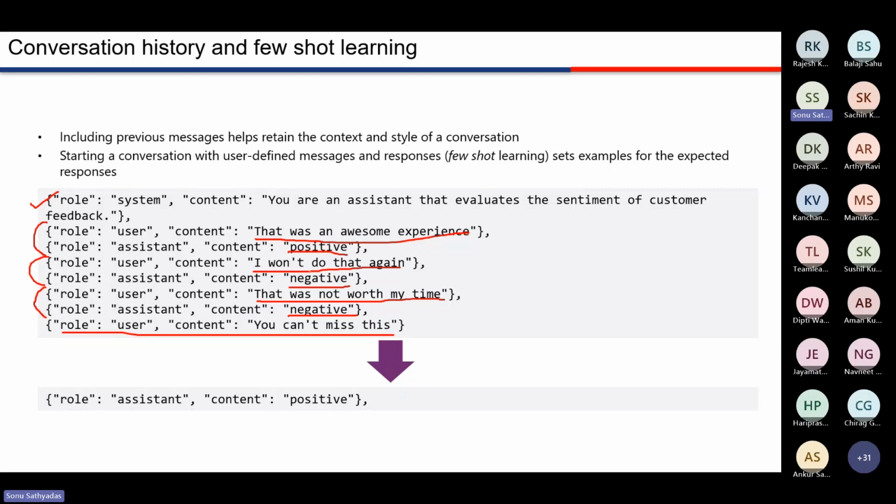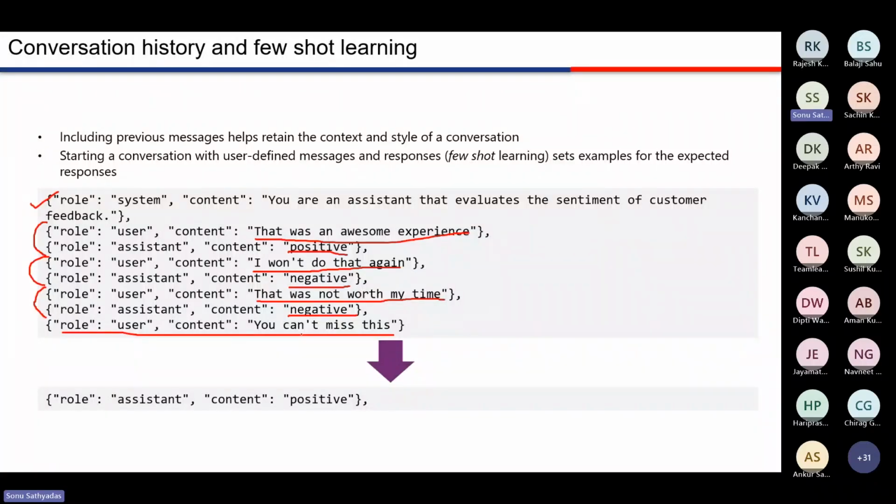So why are we including this conversation history as an example? To give the model an idea about how to answer. That is called few shot learning, because we are giving one or more examples for the learning purpose of this model.